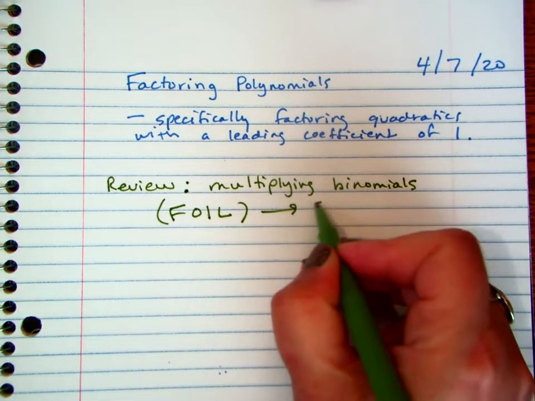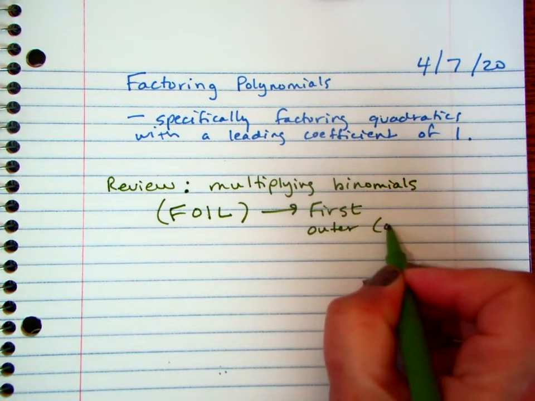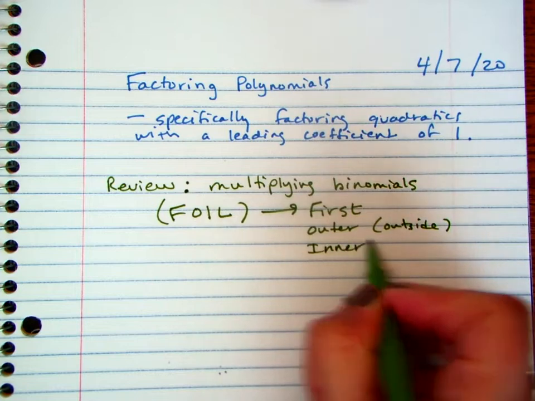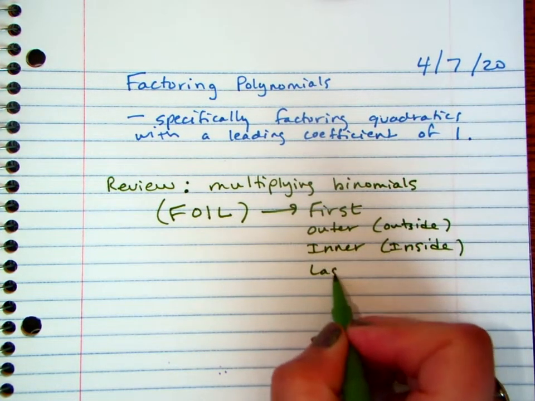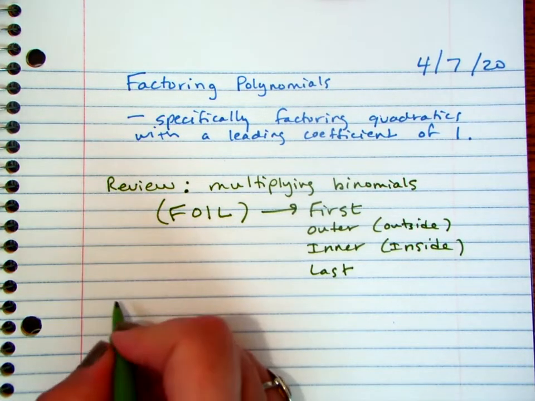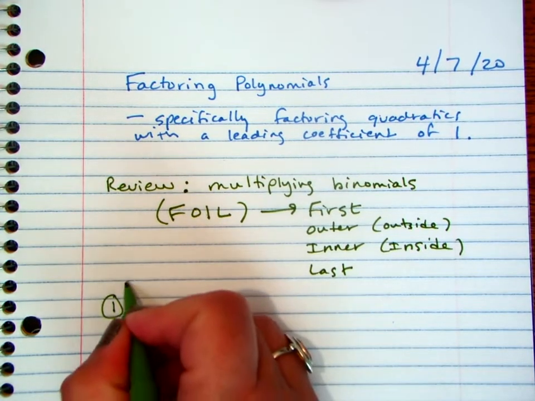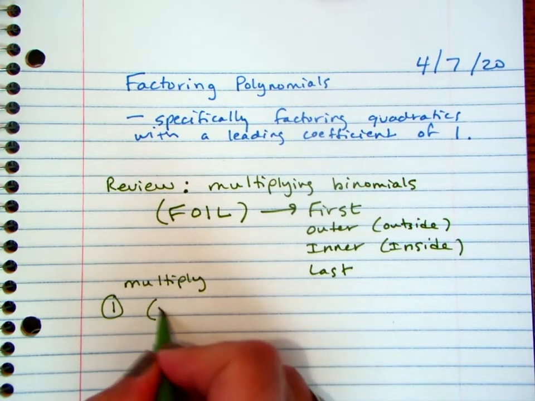Remember that stands for first, outer, or outside, depending on what you look at, inner, or inside, and last. Here are the 3 examples. If you want to try them, go ahead and stop the video so that you can try these examples.